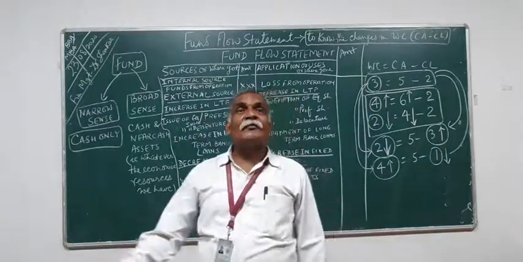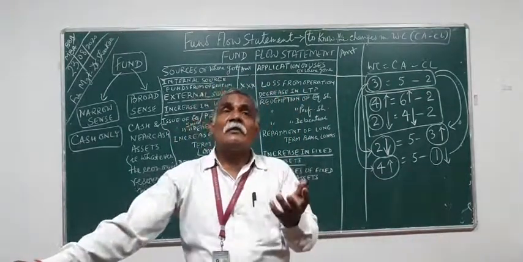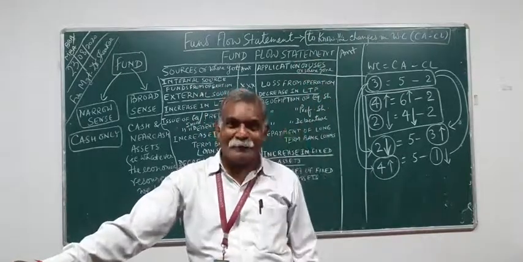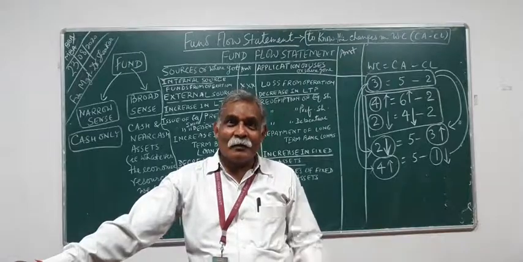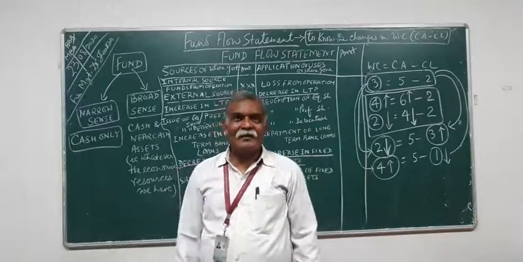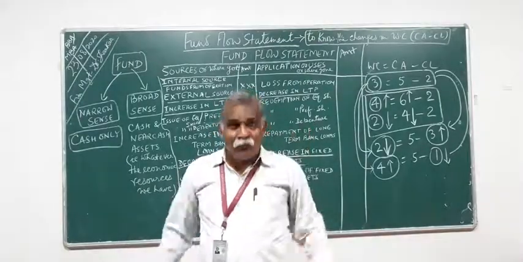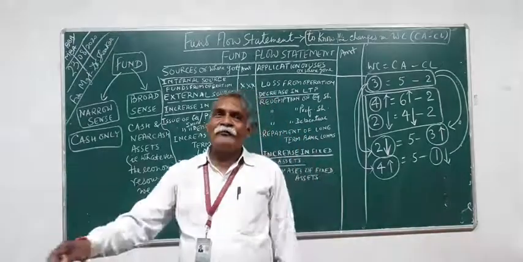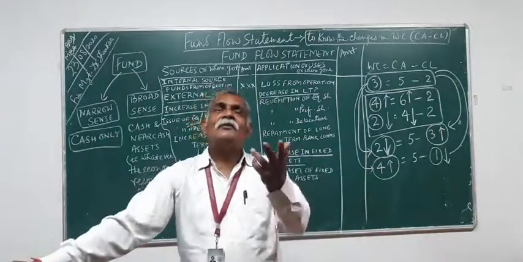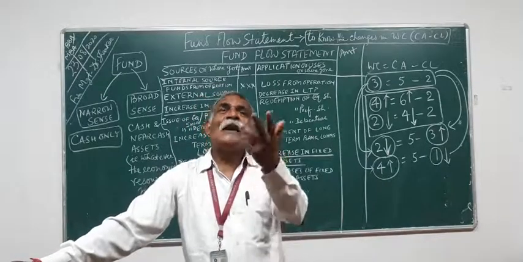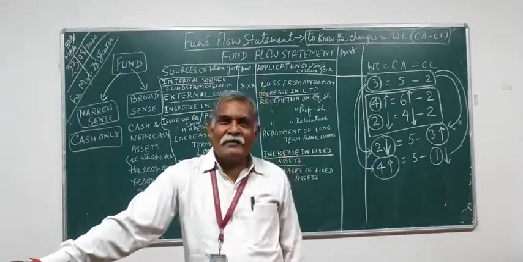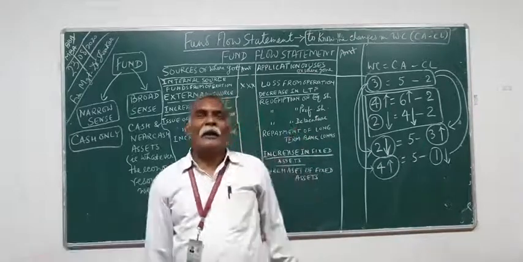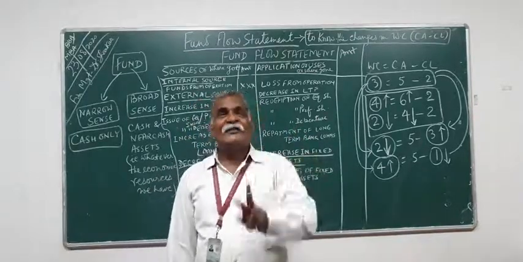Now the next is external source. External source means the source which you are generating externally to run the business, to procure the fund, for investment. As you know, there are two types of long-term fund: owner's capital and debt capital. In owner's capital, there are two types: equity share capital and preference share capital.